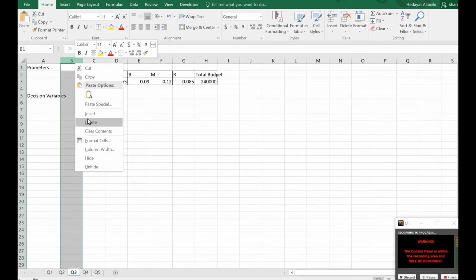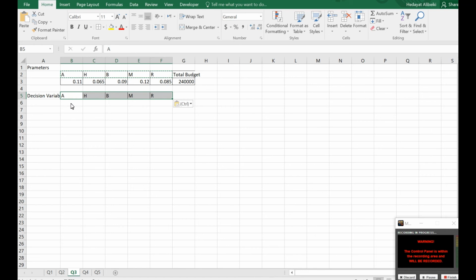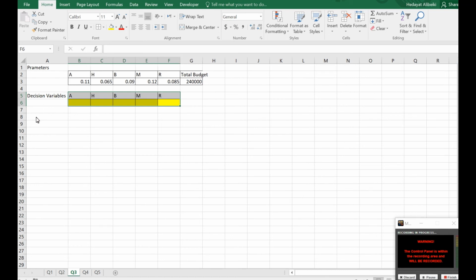I need to assign empty cells to my decision variables, so I need to determine the cells that I'm going to use as my changing cells or decision variables. Okay, so the next thing is to write down the objective function.